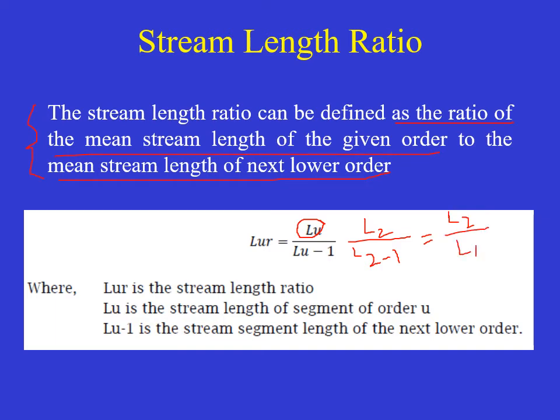In the numerator, it will be the mean length of second order stream, and in the denominator, the mean length of first order stream. Similarly, if it is between third order and second order, the numerator will be the mean length of third order stream divided by the mean length of second order stream. That will give the stream length ratio.